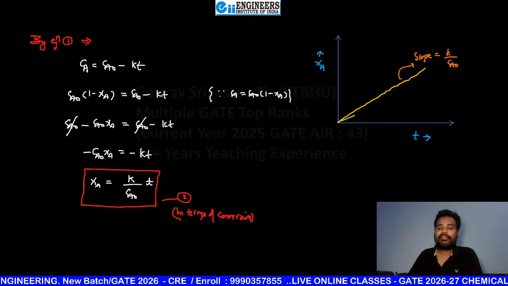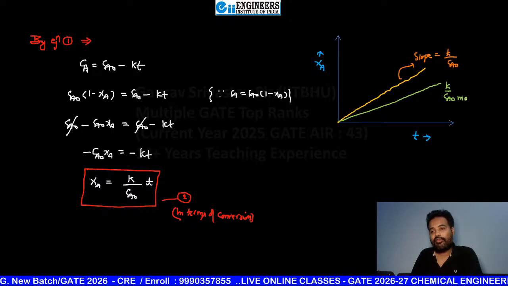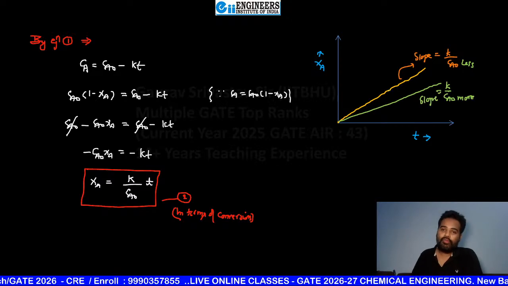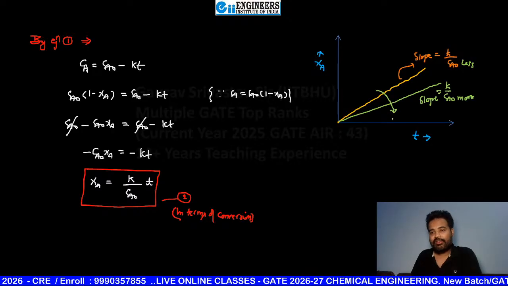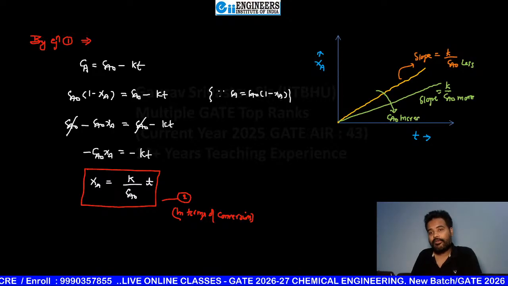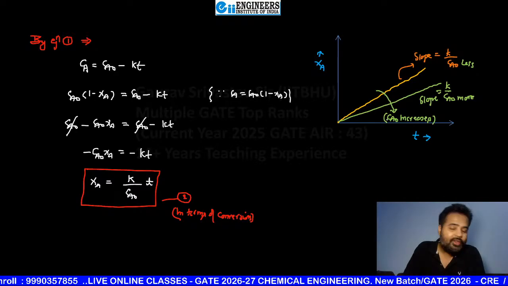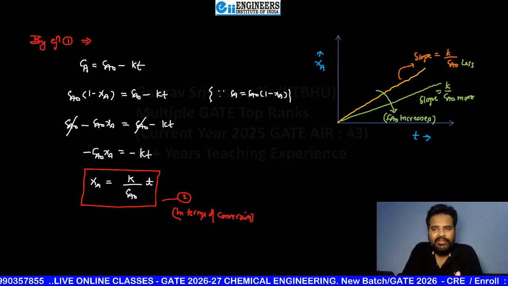If CA naught increases, the diagram will be like this: K by C naught, C naught high, C naught less. So CA naught is increasing in this direction. That was an initial feed condition change. That means the slope will decrease.